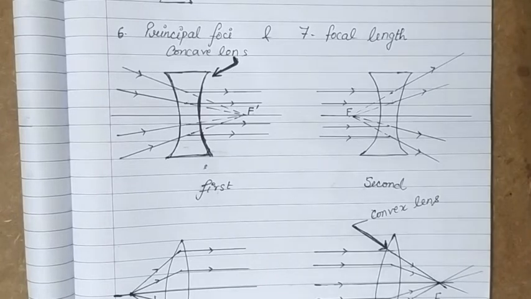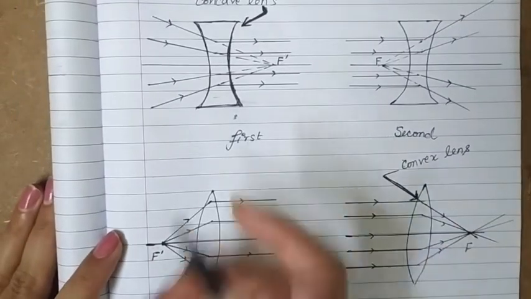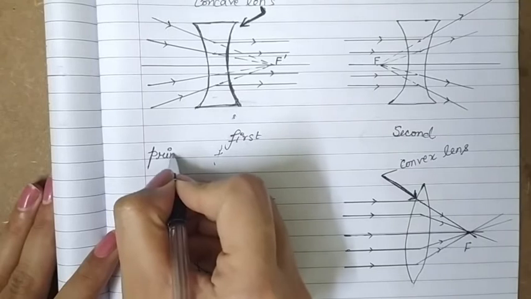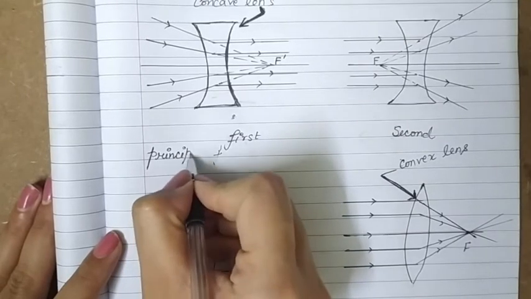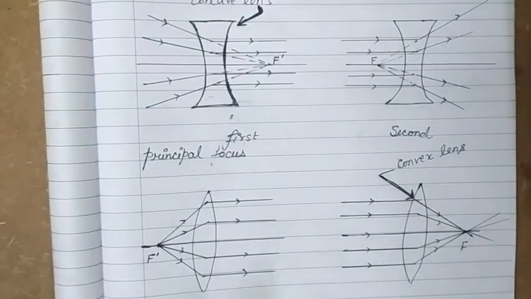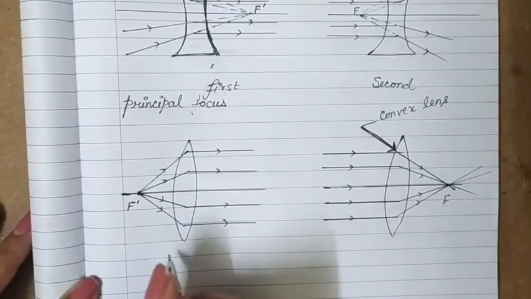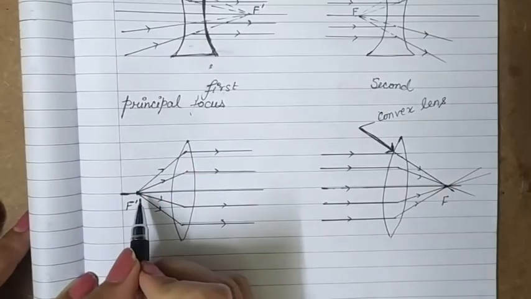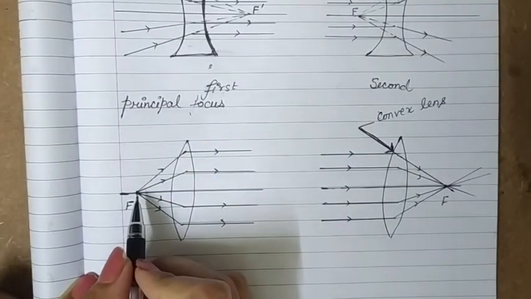Now for this, first I am describing the first focus, then I'll move to the second principal focus, and then focal length. So first we are discussing the first principal focus of both convex as well as concave lens. First for convex lens, this is a convex lens. For convex lens, the first principal focus is a point, here denoted by F dash.